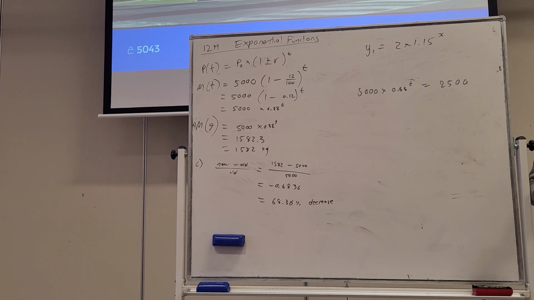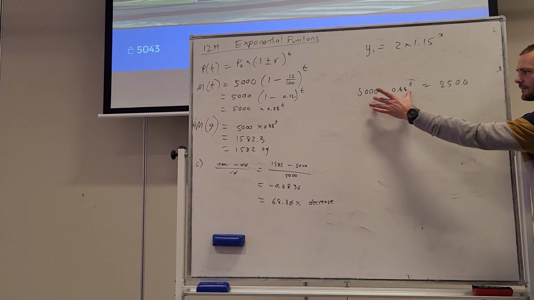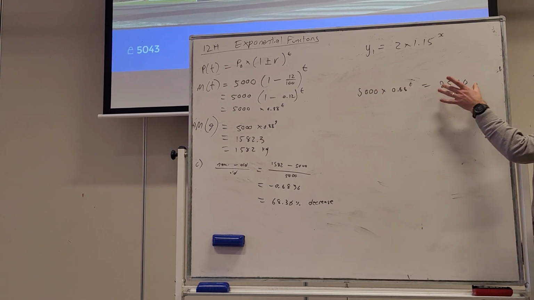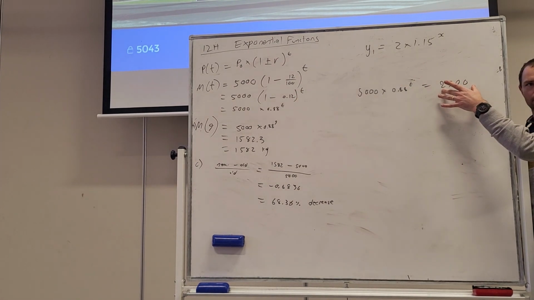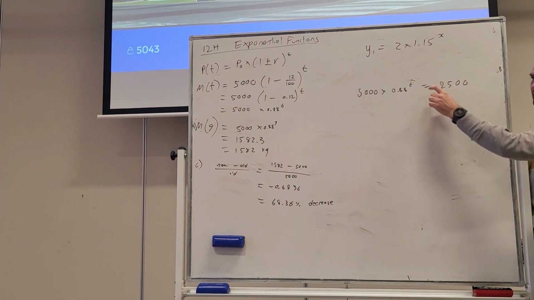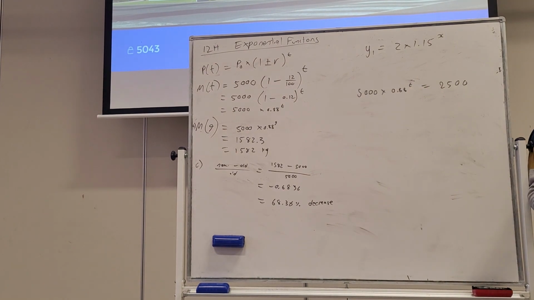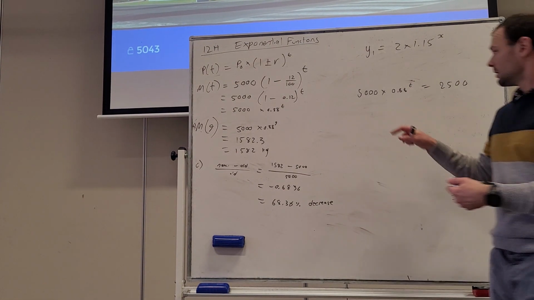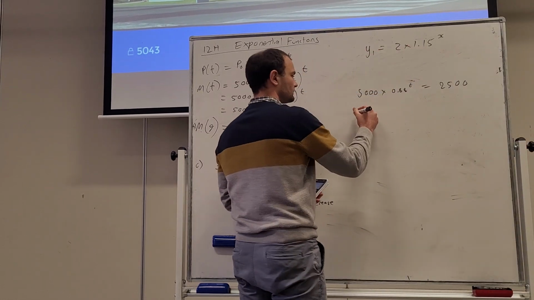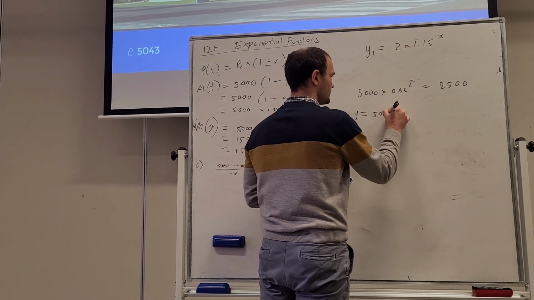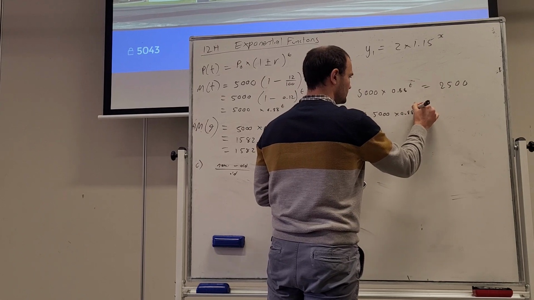And so we're trying to solve this equation: 5,000 times 0.88 to the power of t equals 2,500. Okay, so we're saying, what's the time value that makes that true? All right, we'll do this from our calculator. We'll sketch the equation here. Y equals 5,000 times 0.88 to the power of t.